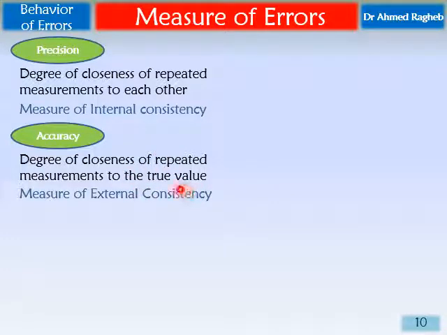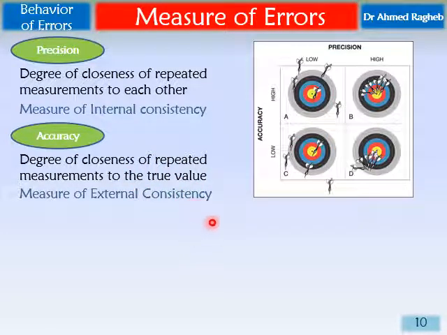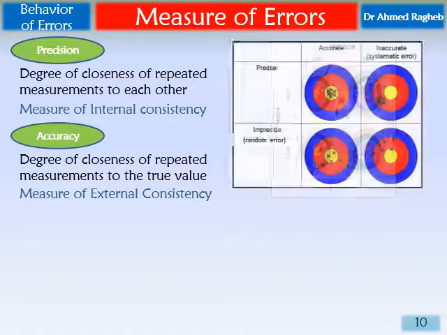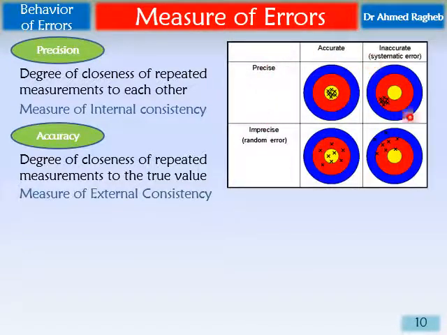Given an example from real life, if you're going to play darts, and you can see these four figures, this is a person. If he's playing darts and he got these results, then he's accurate and precise. Why? Because the measurements are close to each other, and it's also accurate because it's in the yellow mid-center.